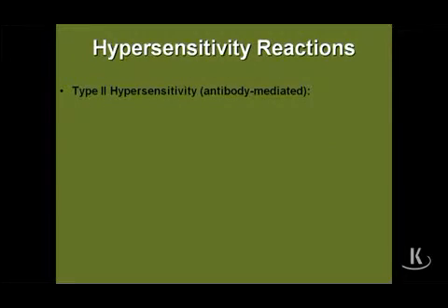Now we come to hypersensitivity reaction type 2 or antibody mediated. Now this becomes important because 2 and 3 are the ones that usually confuse the students, especially recognizing the clinical vignette, what's the underlying mechanism. So they can be subtyped, especially type 2 or antibody mediated, but the general rule is this.